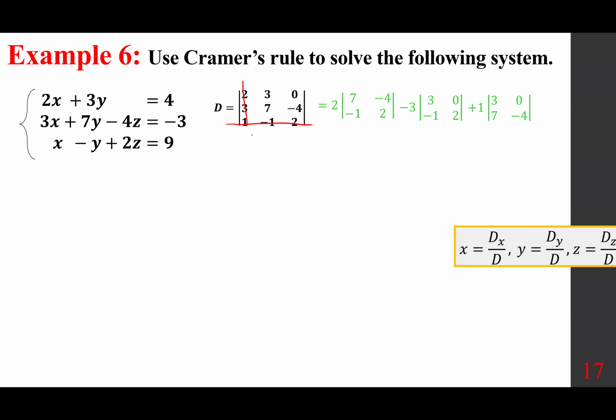Get rid of these two times those that you can see. Again, expansion with respect to the first column, first row, any of them makes no difference, everybody.